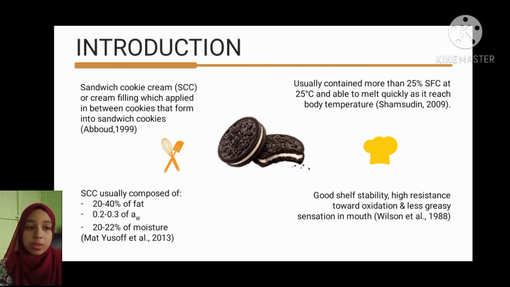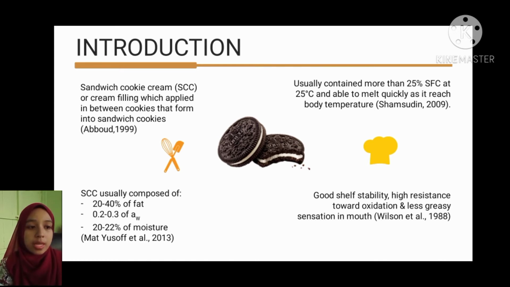The third part is the sandwich cookies cream. This is also known as a cream filling in other previous studies, a product applied in between cookies that forms sandwich cookies.